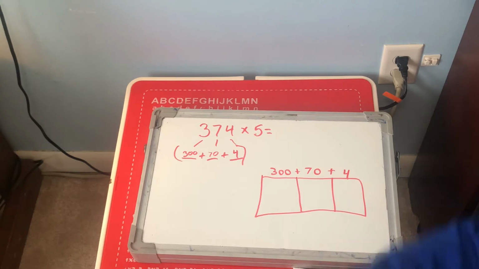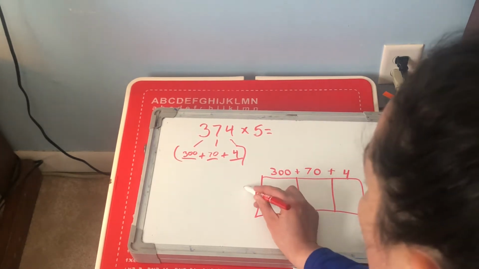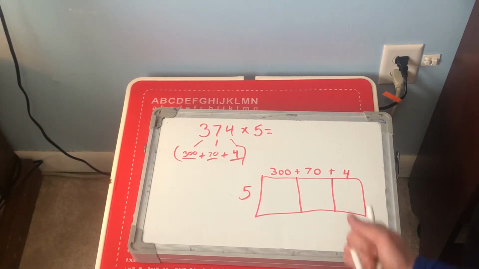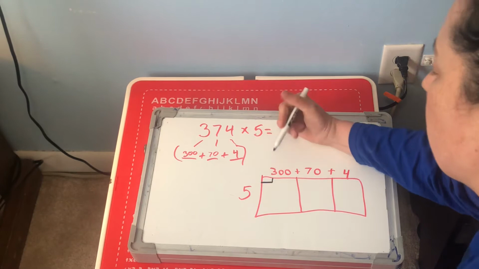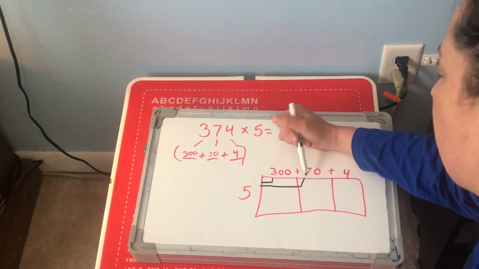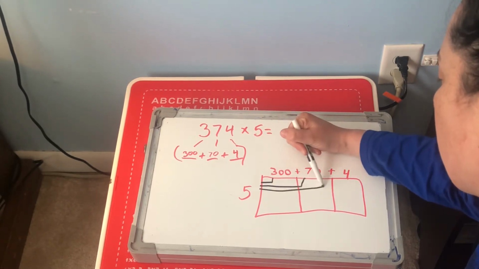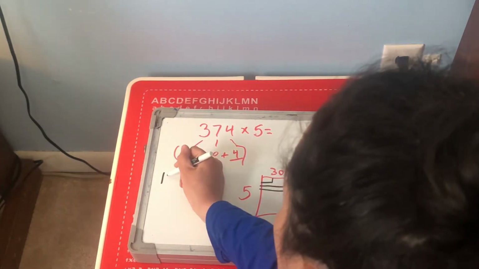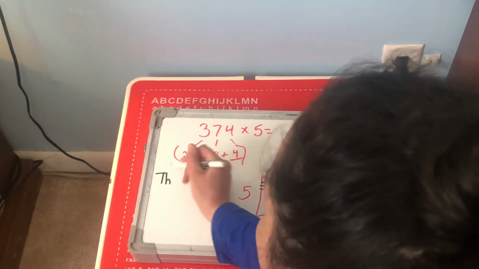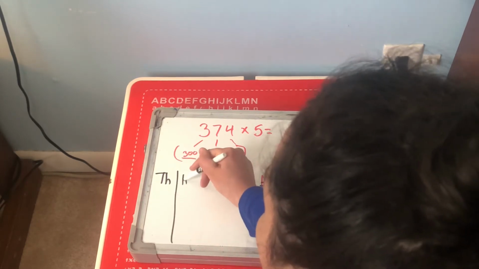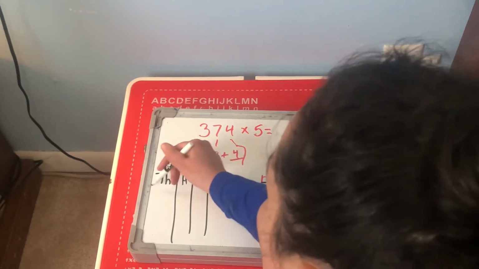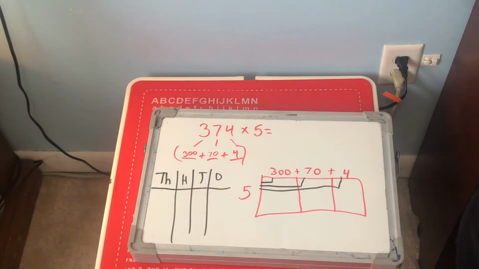I'm multiplying all of those numbers by 5. Now the process is the same. 5 times 300, 5 times 70, 5 times 4, and when I add, I think I'm going to need a thousands, a hundreds, a tens, and a ones. But again, same steps. Okay?